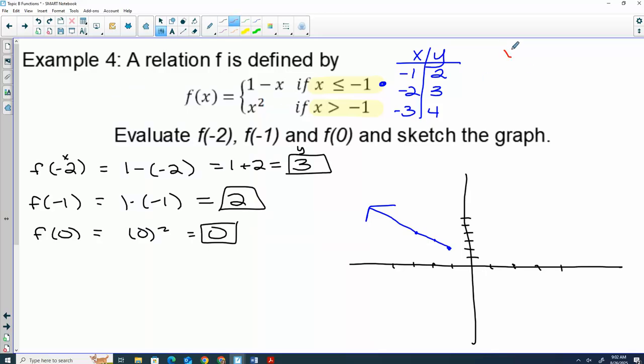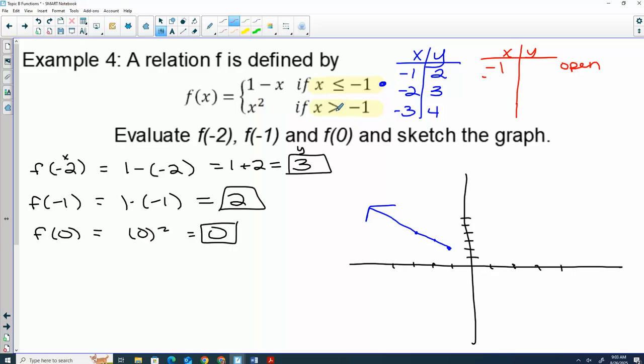Then we have to get the other piece. And what x do we have to plug in first there? We actually still have to do the -1 because, yes, 0 is the first integer bigger, but you could do like -0.9, -0.99. So we had to do the -1, but because it didn't have an equal to, we made ourselves a note that it would have to be an open circle when we graphed it.